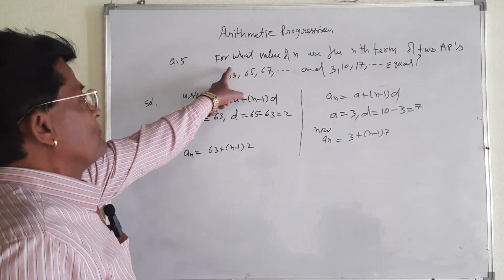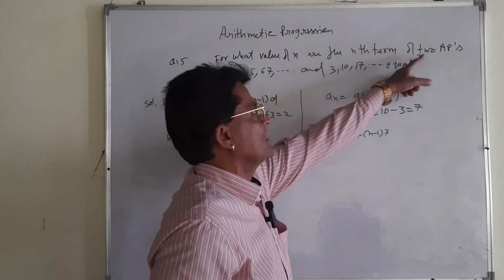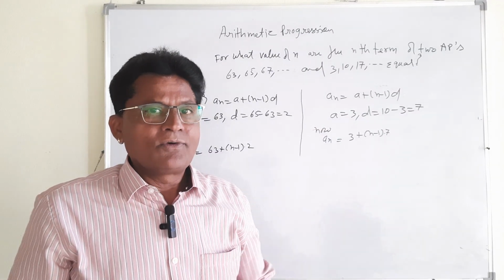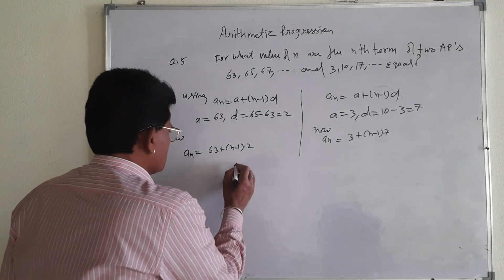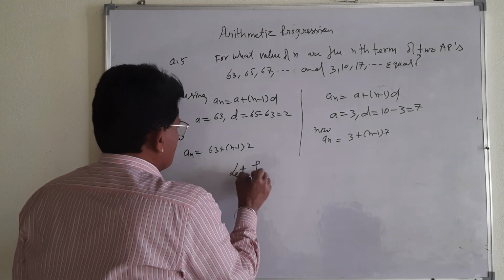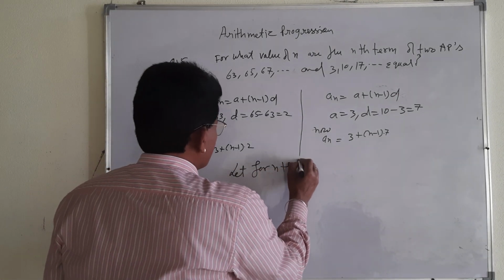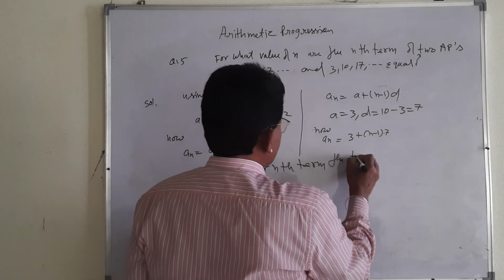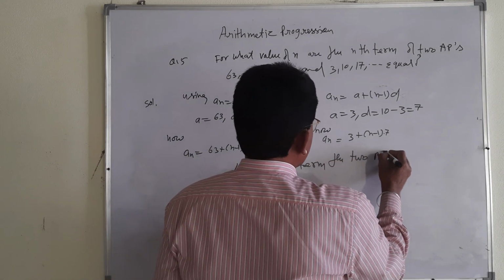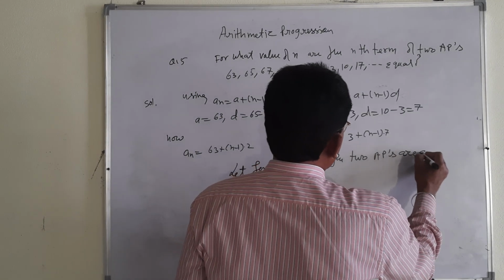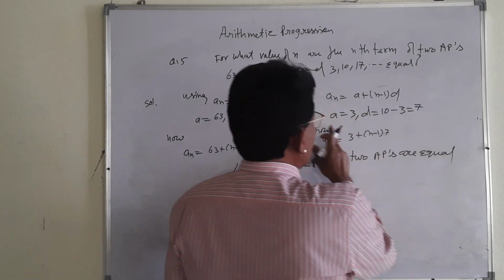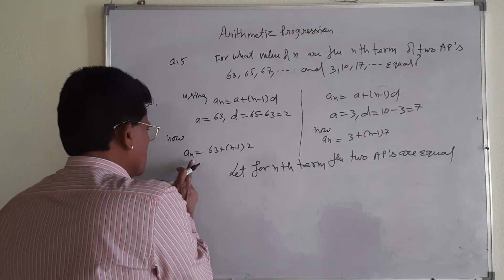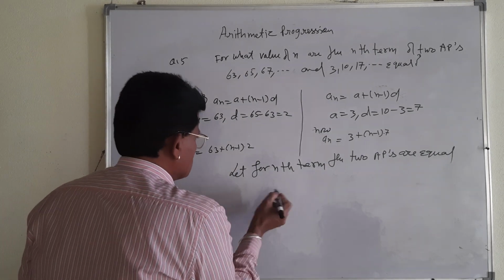See, try to understand that. For what value of n are the nth terms of these 2 APs equal? What we will assume is that the nth terms of the 2 APs are equal. Already we got the nth term for each and every one. Nth term for the first series, both are equal.